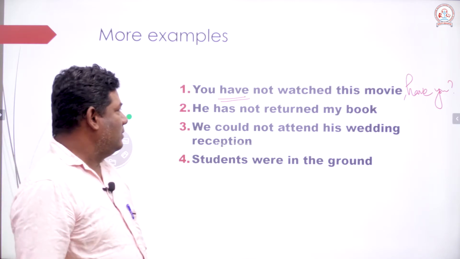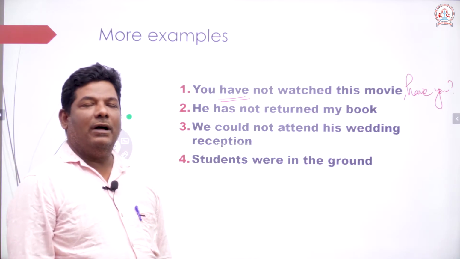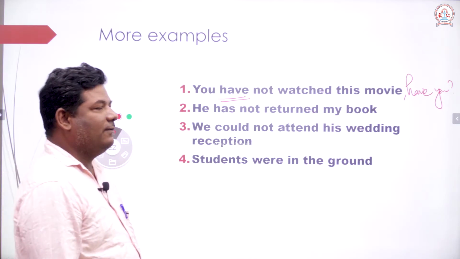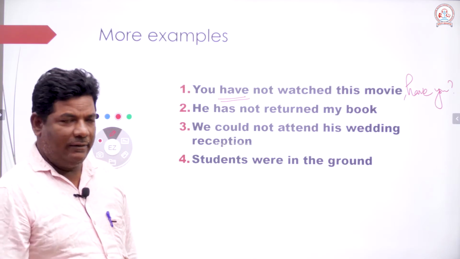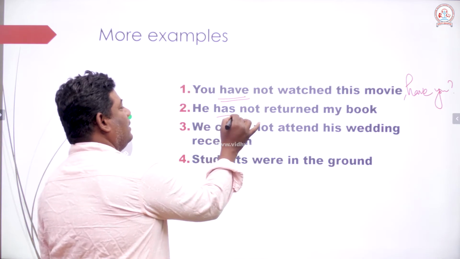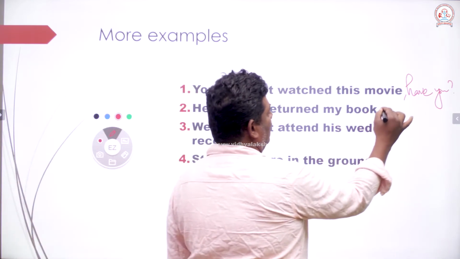Second sentence, he has not returned my book. As usual, the first step in writing a question tag is to find out what the auxiliary verb is. So, has is the auxiliary verb. Therefore, we must use has, nothing else.